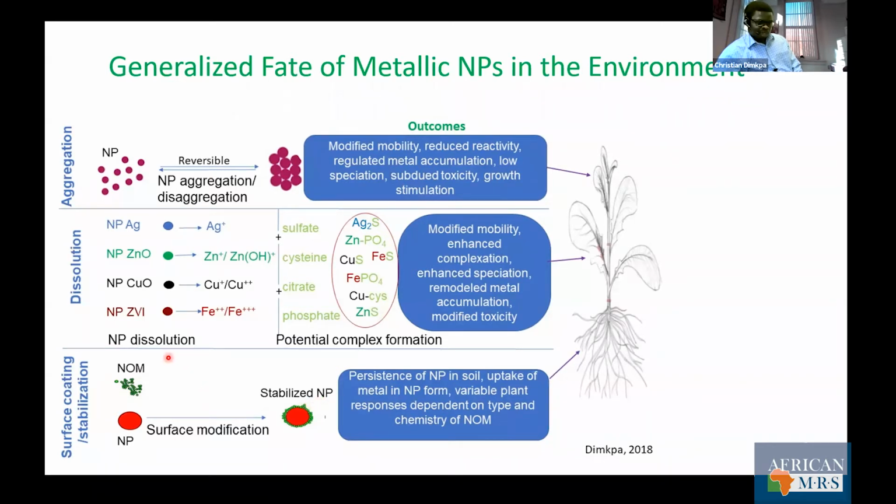That interaction is blocked by the coating material. Therefore, you have persistence and stabilized products that can be used as fertilizers. This is one of the things that when you produce nanofertilizer, you want to have. You want to have stabilized products that will respond differently from ionic or aggregated products.